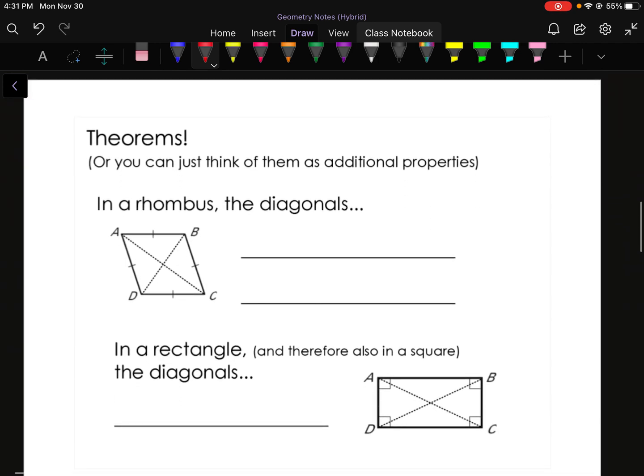So some theorems, or you can just think of them as additional properties, of course, because we're not going to actually go through and prove them. But just really their properties. So in a rhombus, the diagonals do 2 things. First of all, they bisect the opposite angles.